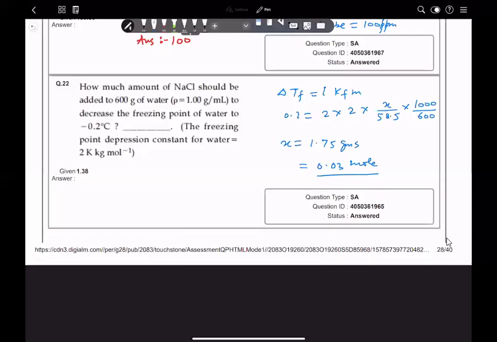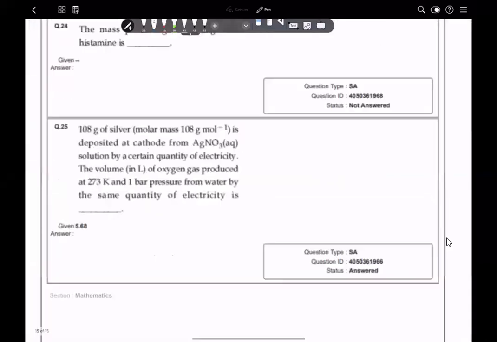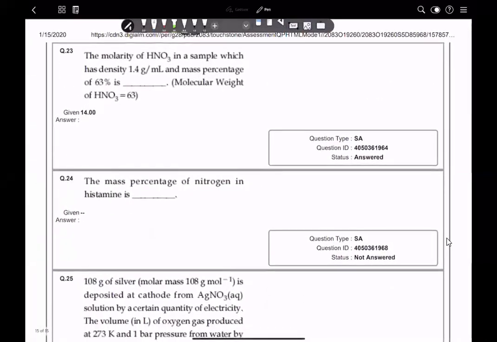Move to the next question, question number 23. It is given the molarity of HNO3 in the sample which has density 1.4 gram per ml and mass percentage 63%. This simply means that we have 100 gram solution and 63 gram of HNO3.